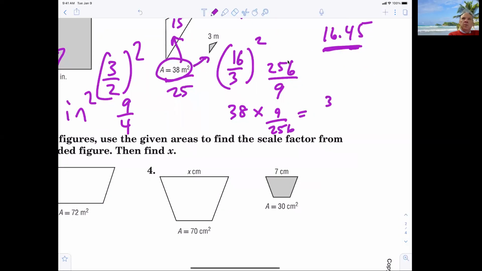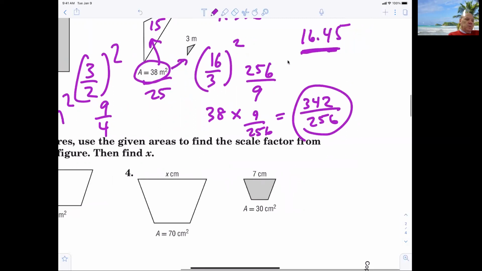What is it? How much? 322. That's what I thought. Over 256. That's what I have as the answer. Oh, but I can reduce that. What does that reduce down to? Yeah, 171 over 128.